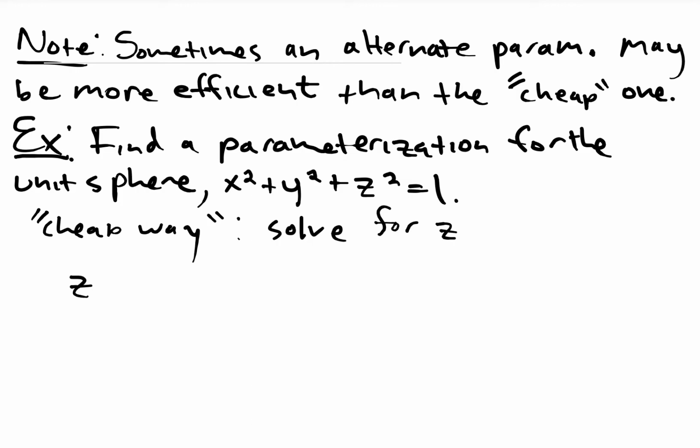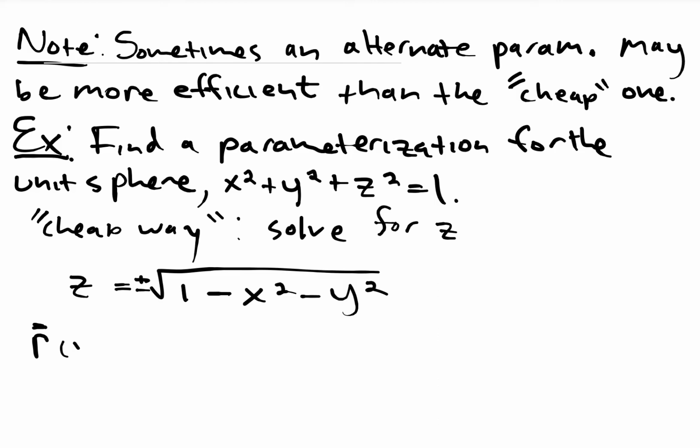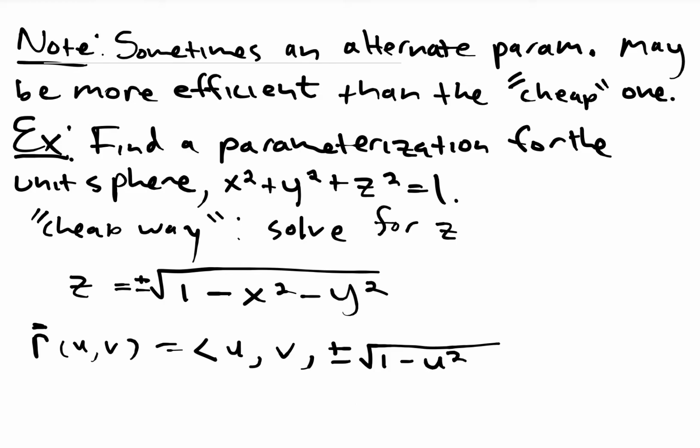If you do that, you're going to get the square root of 1 minus x squared minus y squared, but not just the square root, you also get the negative version of it too. So you could potentially get a cheap version of your parameterization of the form u, comma, v, if I just replace these with u's and v's.